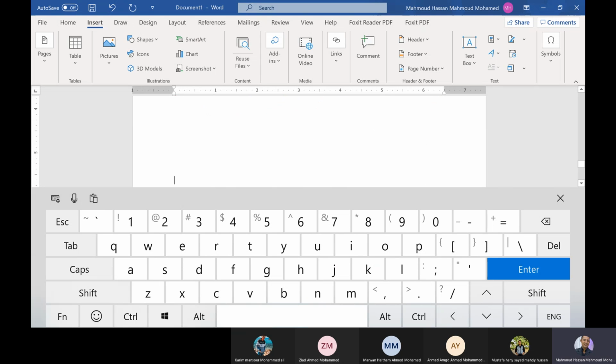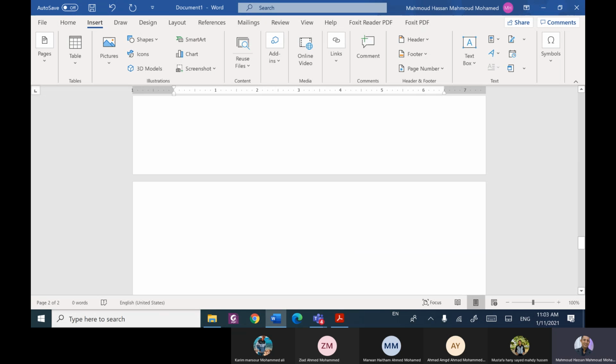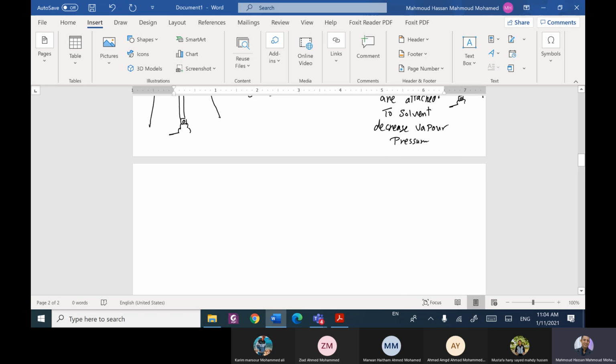We insert more than one slide since we will need it to complete the session. Here. Elevation in the boiling point.